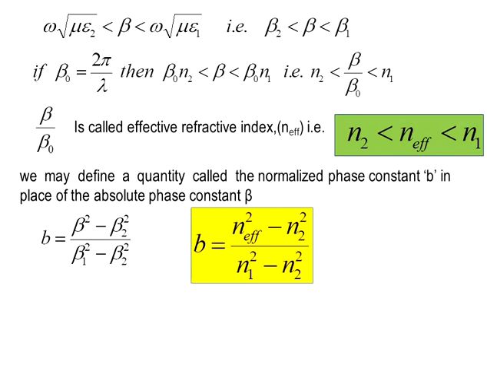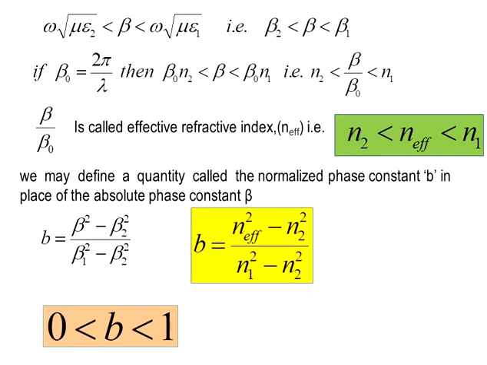So the minimum value for B will be 0 and maximum value for B is equal to 1. When B equal to 0, that indicates the effective refractive index is equal to n2, that is near to the cladding, and when B equal to 1, that indicates effective refractive index is n1, that is near to the core.